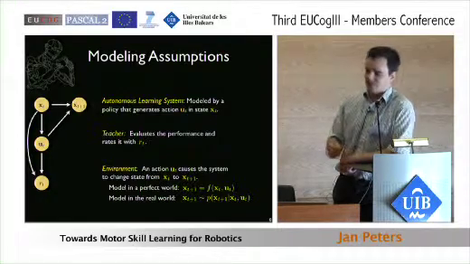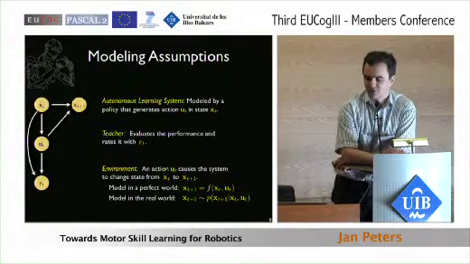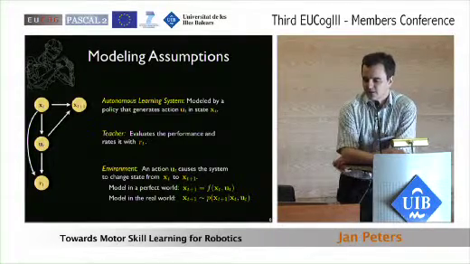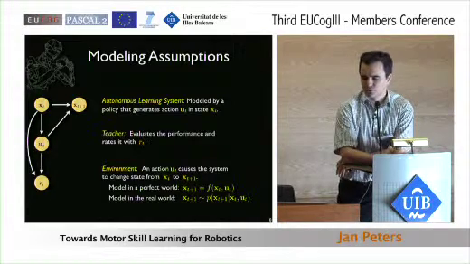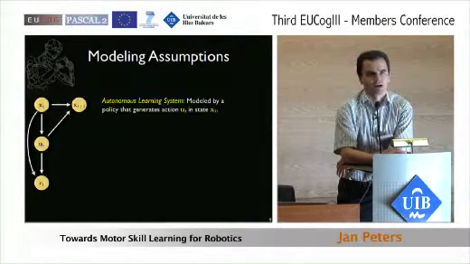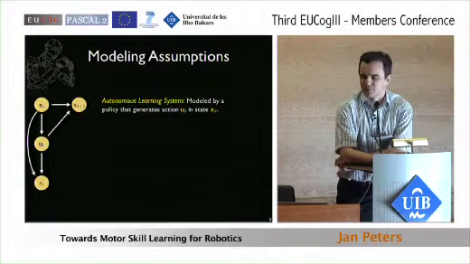So the most interesting part, of course, is the part which we actually want to learn. And that basically asks the big question: how can we create these rules which tell us what action to take in what kind of state?